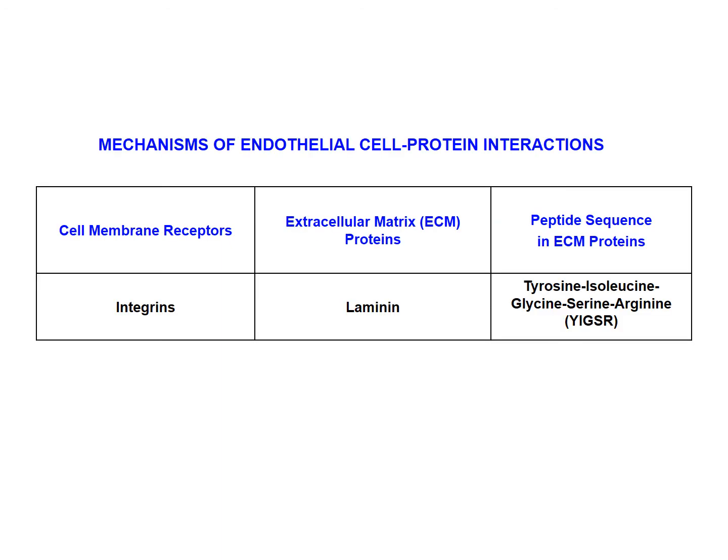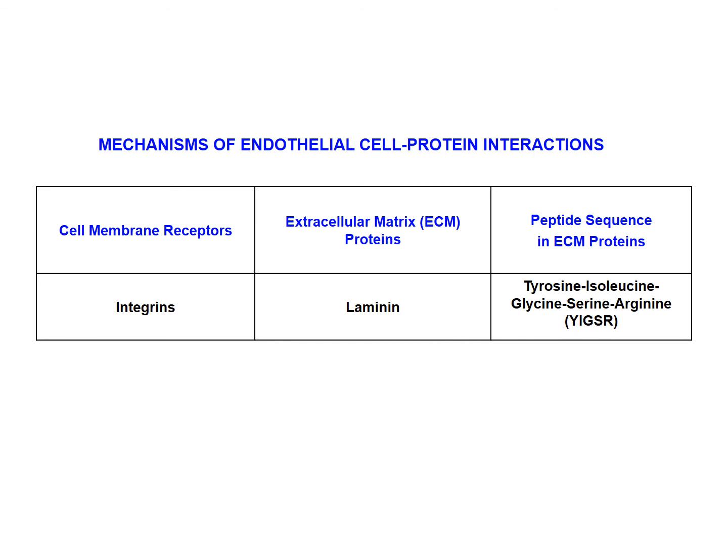For the chemical modification of the material surface, we used the information that the endothelial cells have integrin receptors which recognize a particular domain of laminin, a protein of the extracellular matrix of the vascular tissue.